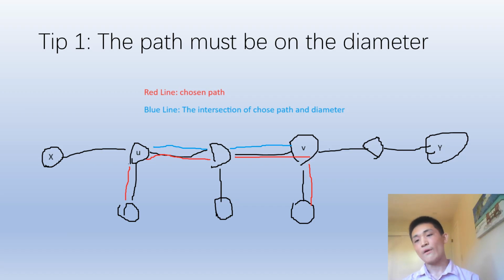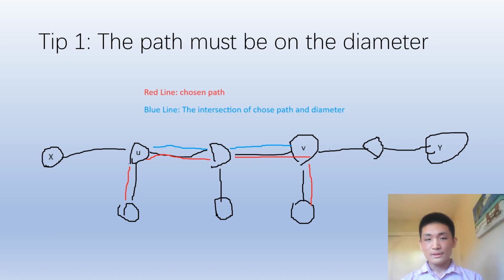Here's a simple proof of that. What's changed is that for the nodes in the subtree of U and the nodes in the subtree of V, their distance to the path increases, right?